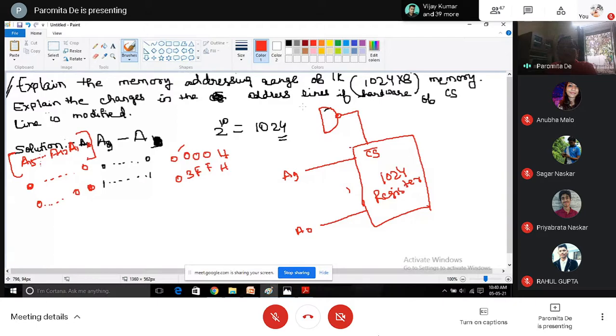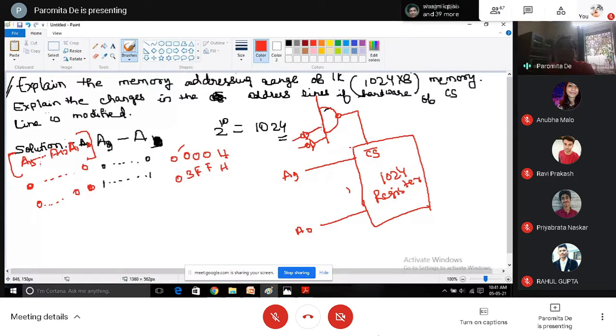And what I will do here, I will connect the other address lines here. Like I will put a low. If it is low only, then I will select. So I will put something like this, I will give a bubble.